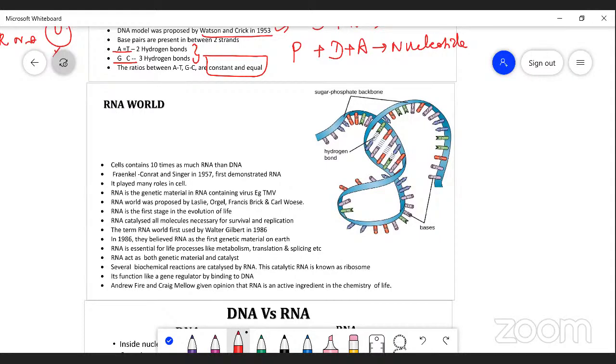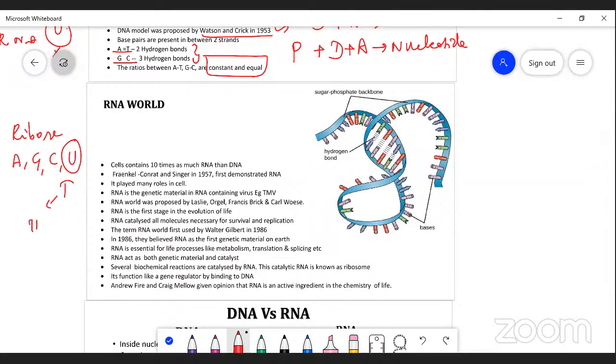RNA is one of the nucleic acids. What components are present in the RNA? One sugar molecule, that is called ribose sugar. It has nitrogenous bases: adenine, guanine, cytosine, and uracil. Remember properly, uracil. If thymine comes, that is called DNA.